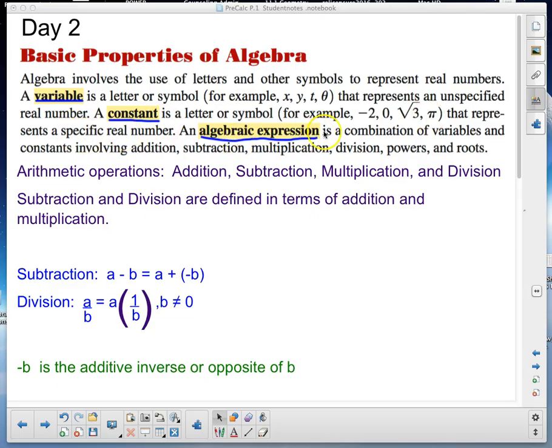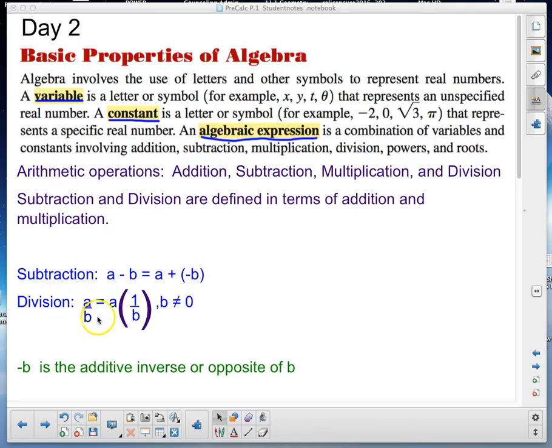An algebraic expression is a combination of variables and constants involving addition, subtraction, multiplication, division, powers, and roots. Arithmetic operations, addition, subtraction, multiplication, and division: subtraction and division are defined in terms of addition and multiplication. The subtraction a minus b is equal to a plus the opposite of b.